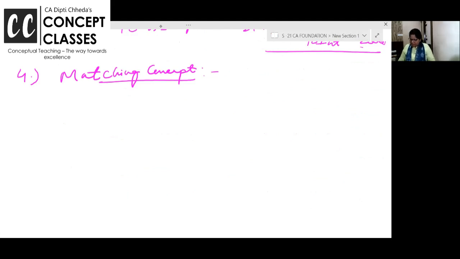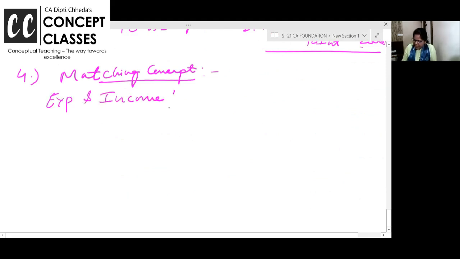Matching concept. What is matching concept? Expense and income for the year should be matched and recorded.